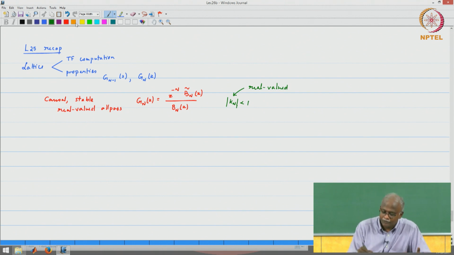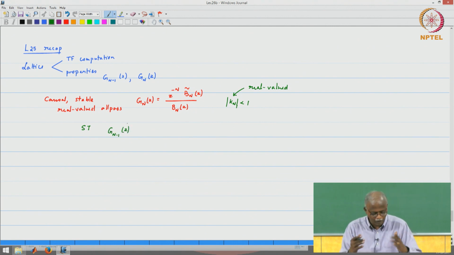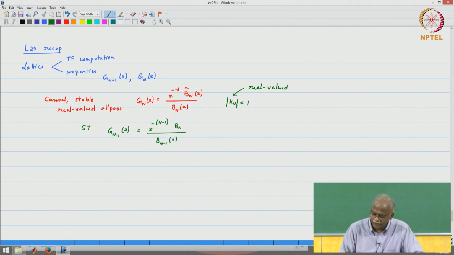We claimed, and this is something that I would like you to validate, that Gn minus 1 of z, we have more or less done all the steps, but I would like you to go through and show that this is z power n minus 1, one order lower than the original polynomial. Bn minus 1 of z is the denominator, and the numerator is Bn minus 1 tilde of z.